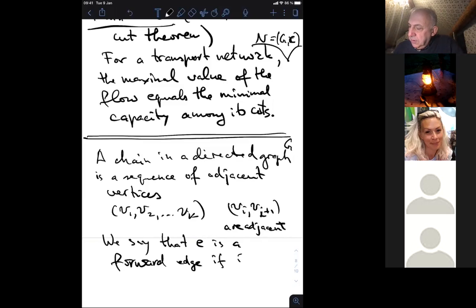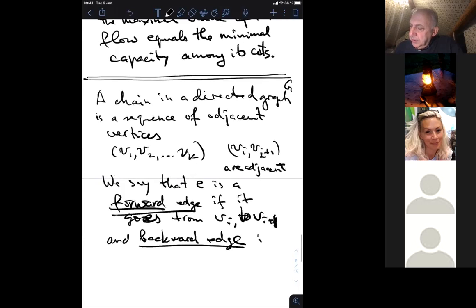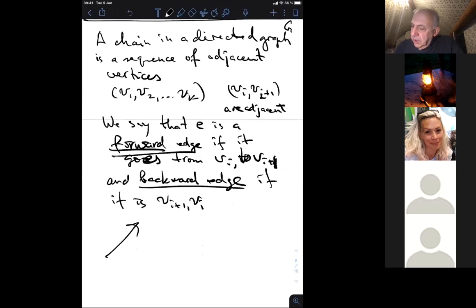And it is a backward edge if it goes backwards, from Vi plus 1 to Vi.